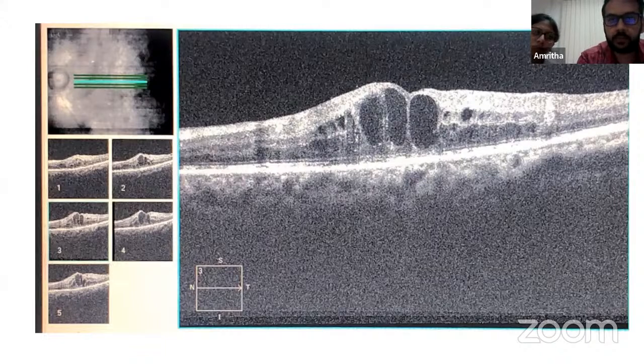Coming to the inner retinal layers, we can see multiple cystic changes in the inner retinal layer, but the outer retinal layer seems to be decently intact. At points, the ellipsoid zone is a bit not visible, but that might be because of the hyperreflectivity of the inner retinal layer here. But as such, it's pointing towards a cystoid macular edema.